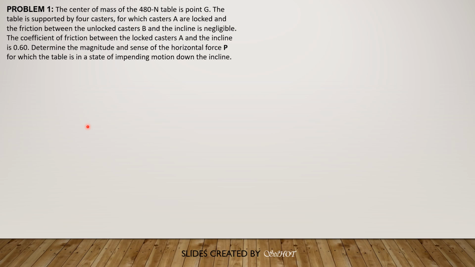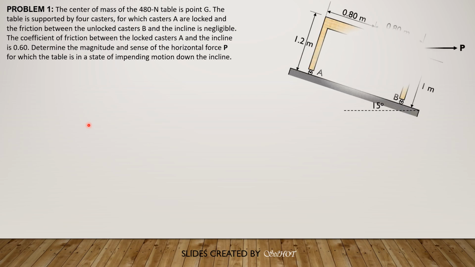Determine the magnitude and sense of the horizontal force P for which the table is in a state of impending motion down the incline. So this is the figure, and take note that only casters A are locked and B are free to rotate.